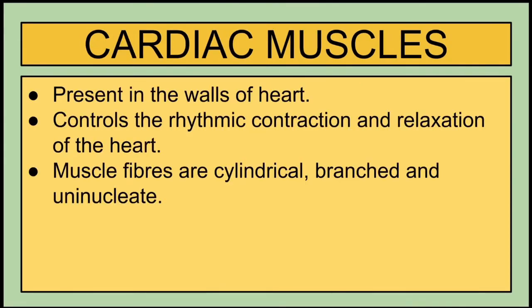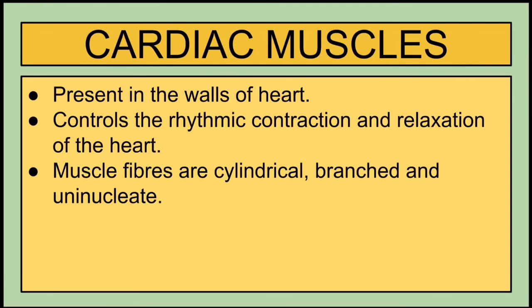The third type of muscular tissue are cardiac muscles. Cardiac muscles are also called myocardium. It constitutes the main tissue of the walls of the heart. It forms a highly branched cellular network connected end to end by intercalated disc. It controls the rhythmic contraction and relaxation of the heart, which is triggered by pacemaker cells.